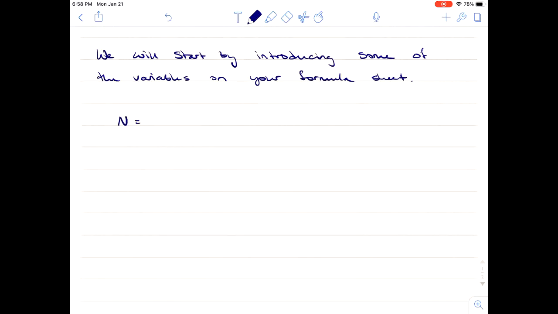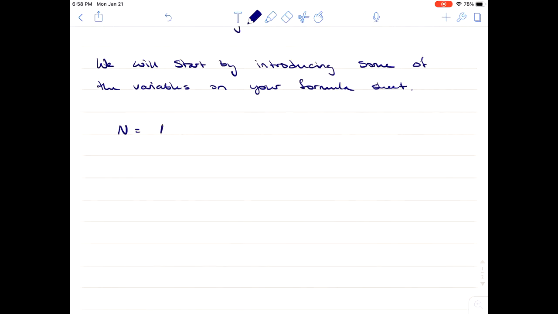N is the net price. That doesn't really tell you anything, right? But let's just write it down. So the net price is the price to acquire the product at each level of the distribution chain. If I'm the store owner, the net price is how much it cost me to get this product.